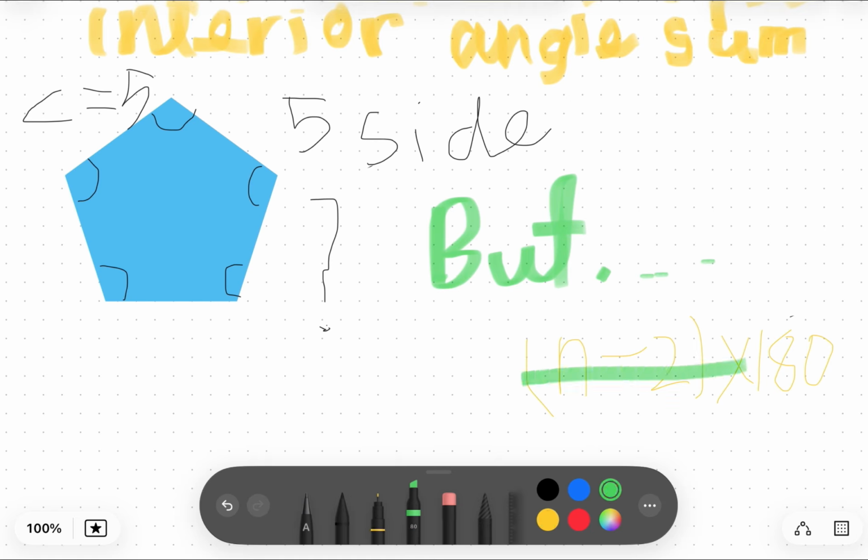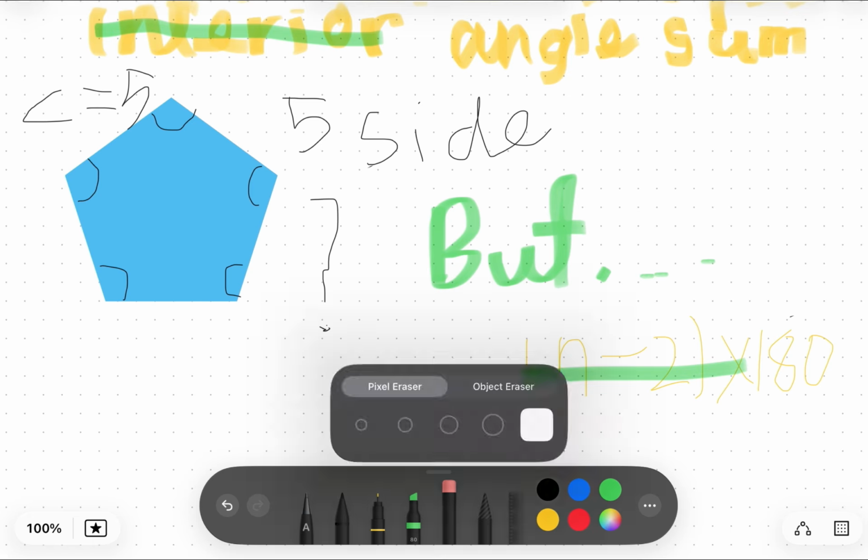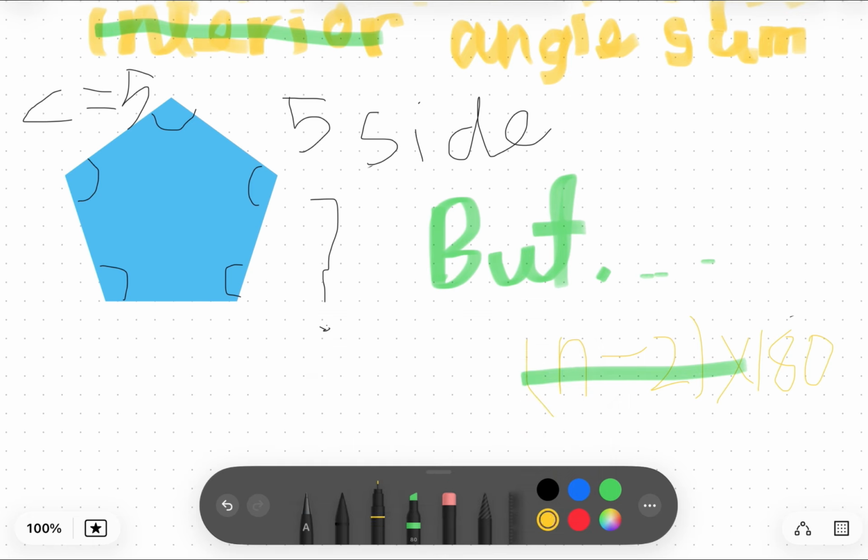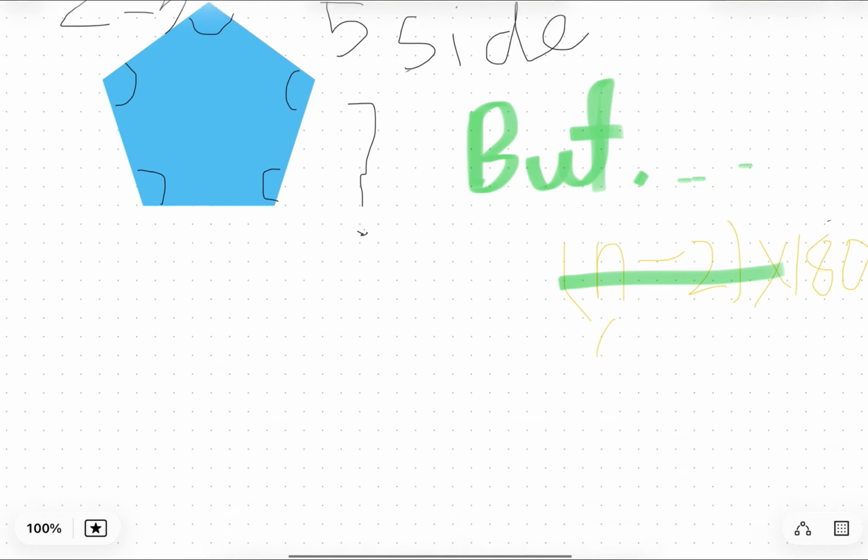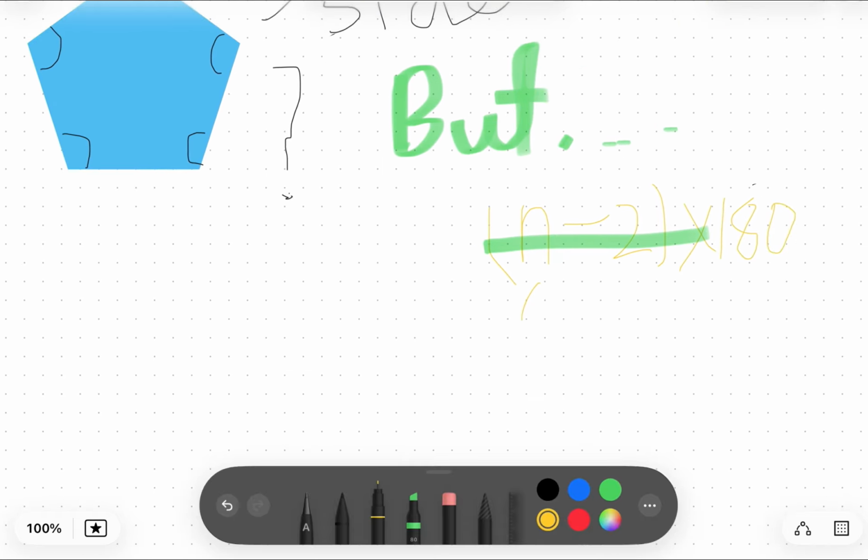This thing over here is the same thing as this thing. Now if we look at it, the n means the number of sides in the shape. We would have 5 sides in the shape.